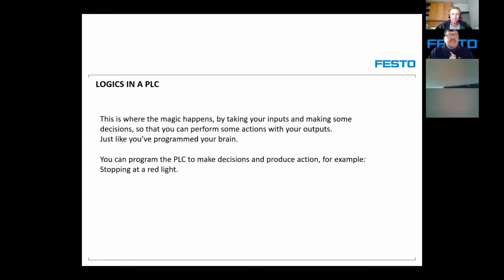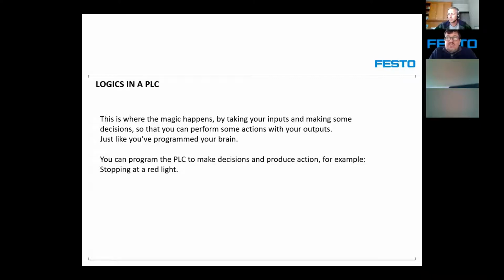Now, logic in the PLC. I've discussed with you all the input side. Now, the logic. What is the logic part? That's where all the magic happens, guys, by taking your inputs and making some decisions so that you can perform some actions with your outputs, just like programming your brain.